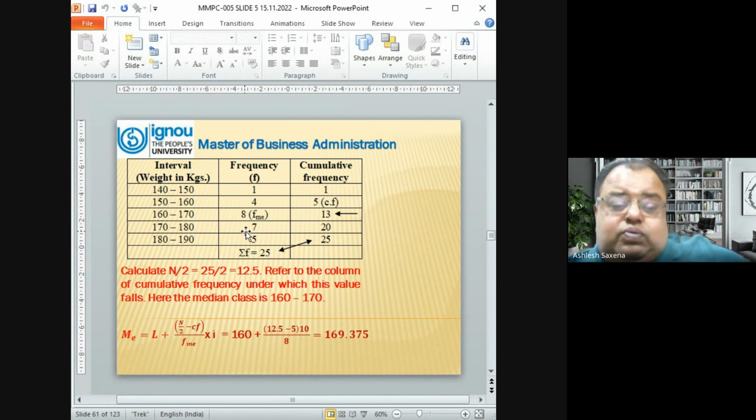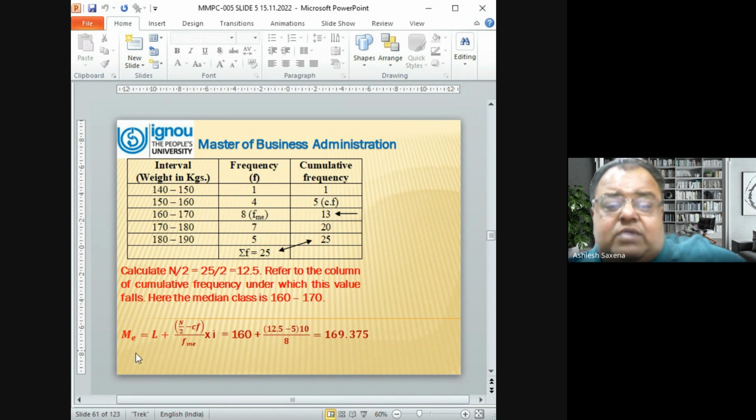Now, for calculating the median, first of all you have to calculate N by 2. N by 2 is 25 by 2, which is 12.5. Come to this column C, find a number greater than 12.5. That is 13. Mark this as f median, and above it as CF.